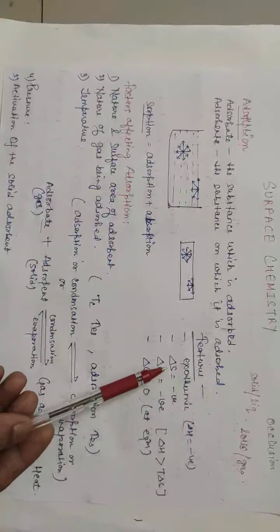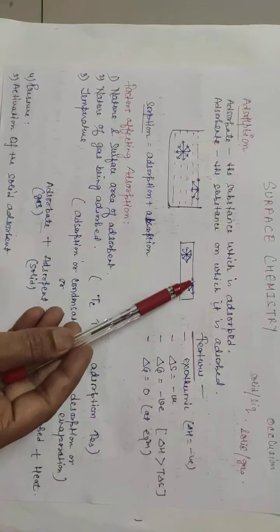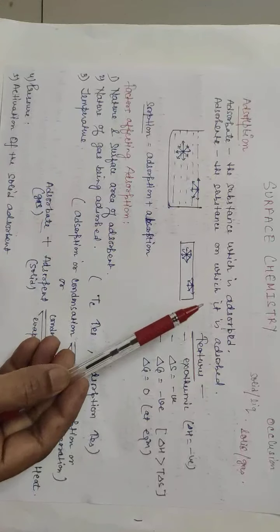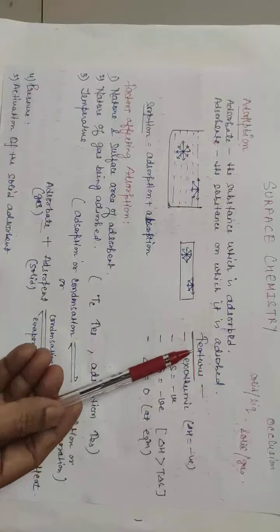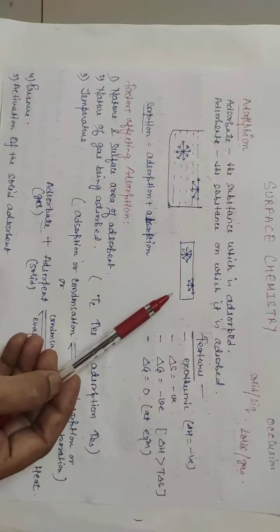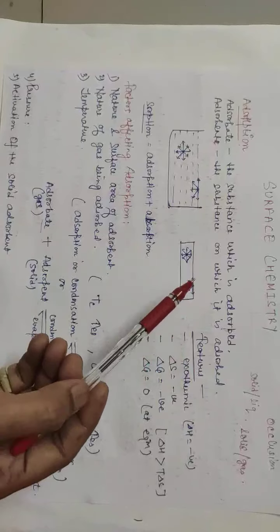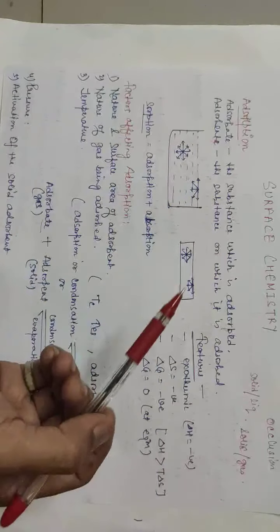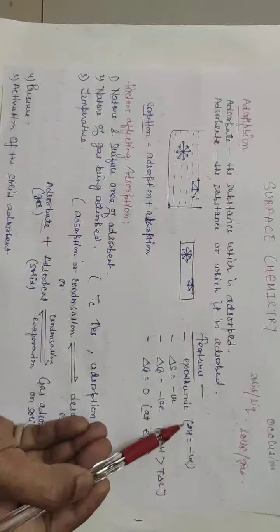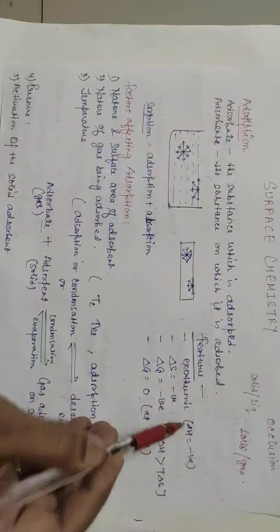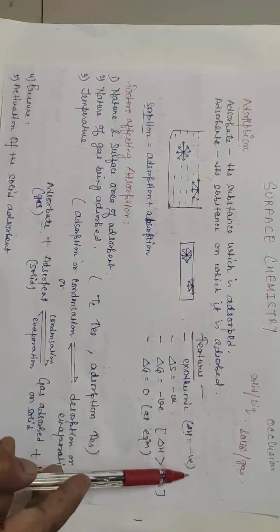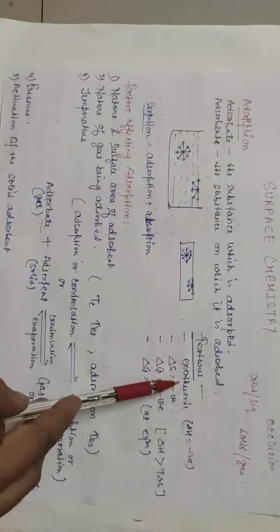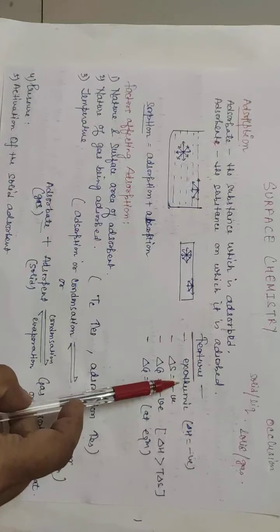Now let us see the features of adsorption. When adsorption takes place, residual forces on the surface of the adsorbent decrease. Therefore, surface energy also decreases and it appears in the form of heat, known as heat of adsorption, delta H of adsorption. Therefore, delta H of adsorption is always a negative value. That means it is an exothermic process.